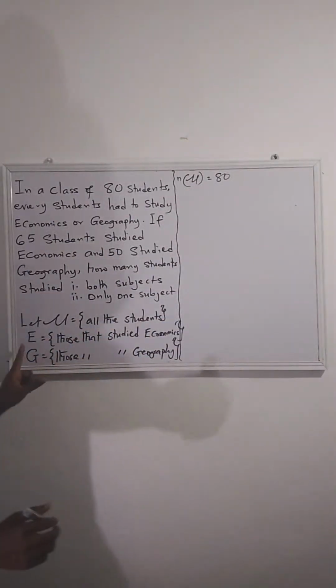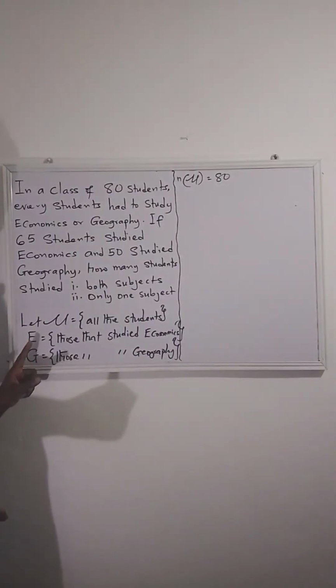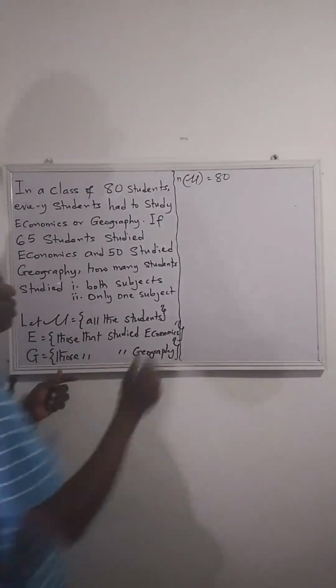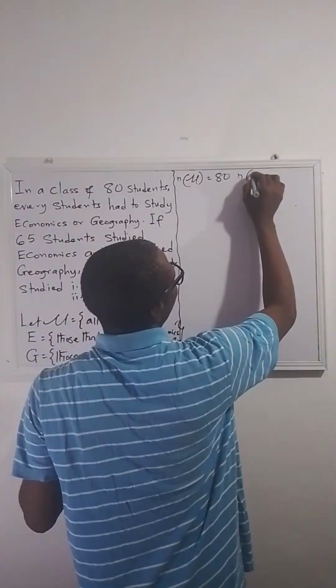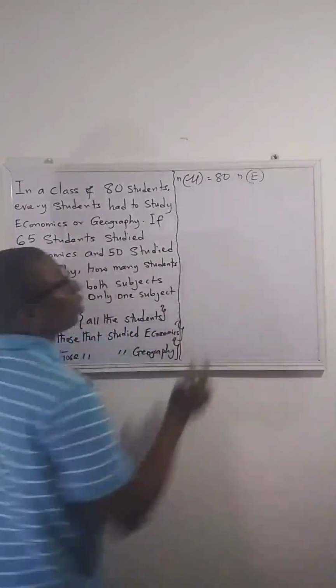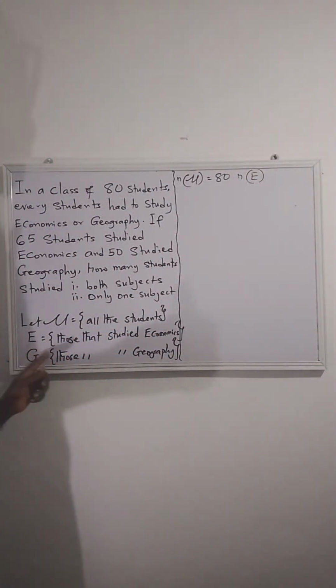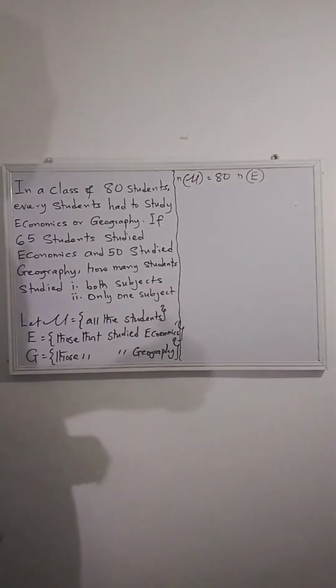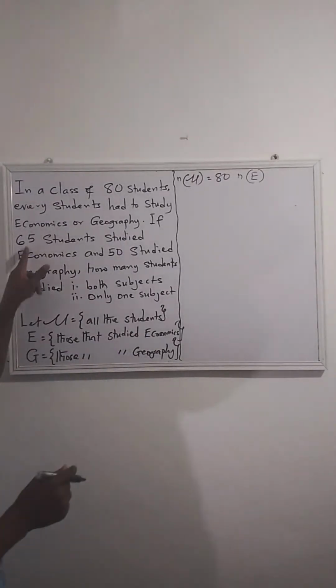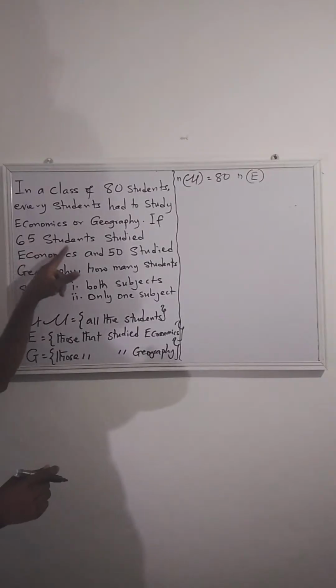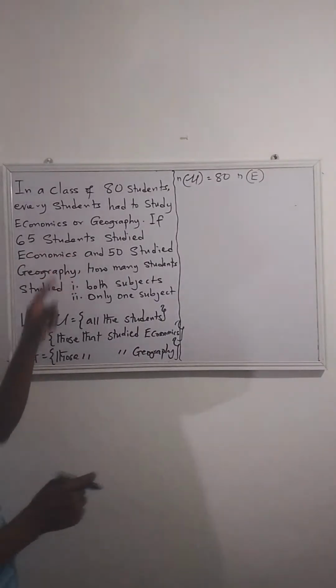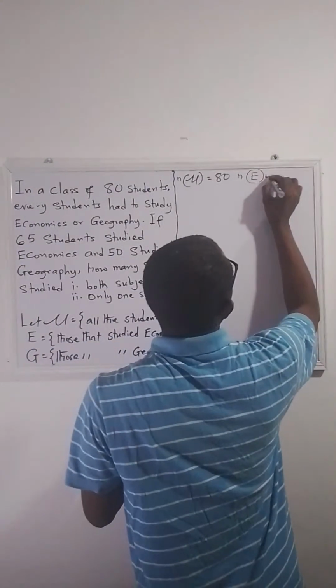All right. Now let's look at this. Number of members of E. Number of members of E. That is the number of those that studied economics. How many are they? From the question, we have 65 studied economics. So that's going to be 65.